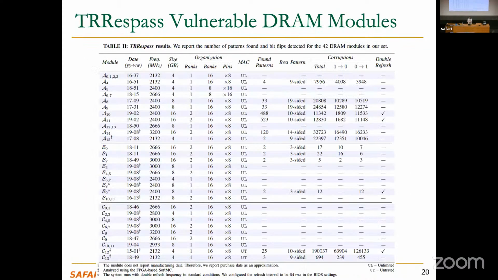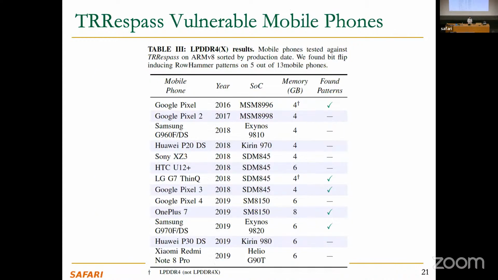And they looked at a lot of DRAM modules that are listed here from 3 major DRAM manufacturers, and they showed that many of them were vulnerable to TRRespass. They also looked at mobile phones and found these many-sided RowHammer attack patterns that make them vulnerable to TRRespass as well. So there are these devices out there where you can observe RowHammer bitflips.